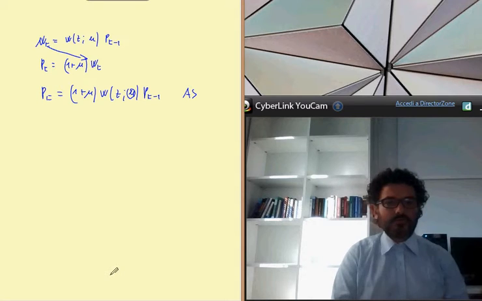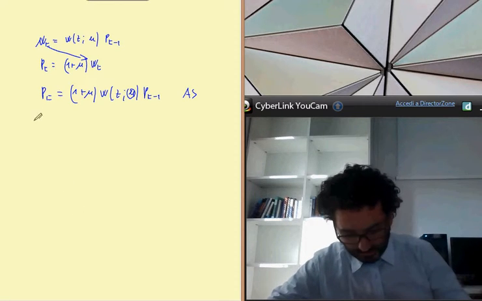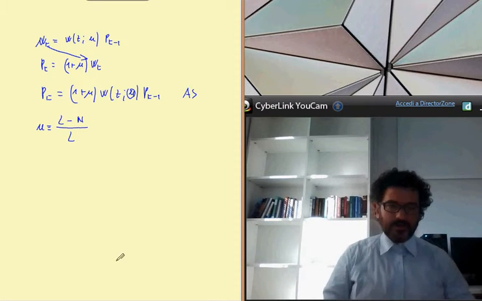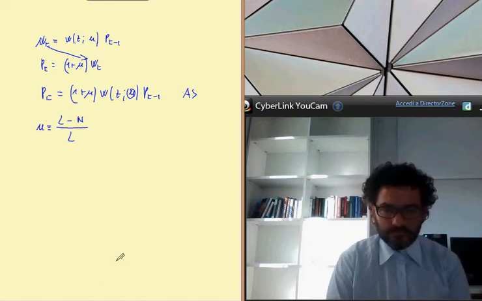This can also be expressed as 1 minus N over L, but given our assumption according to which GDP is equal to N, it is equal to 1 minus Y over L.